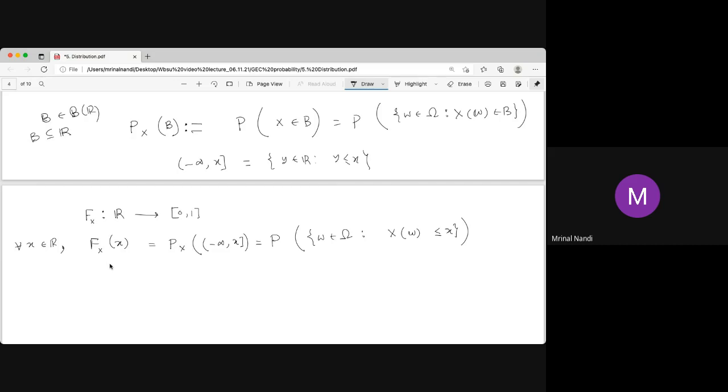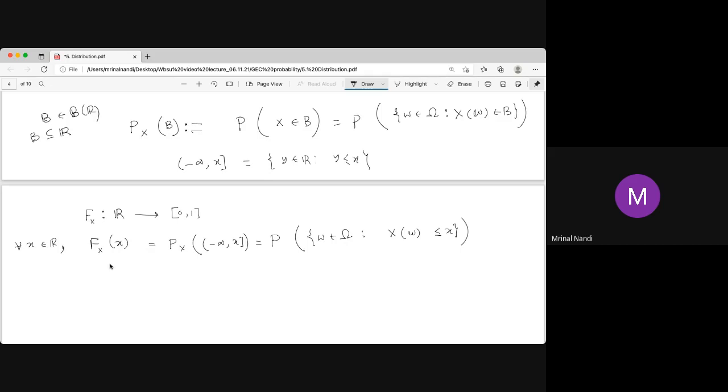But remember, finding capital Fx needs this whole scenario. If I ask you to find capital Fx, you have to go through all this story: the script F, then X, then P, then Px, everything.